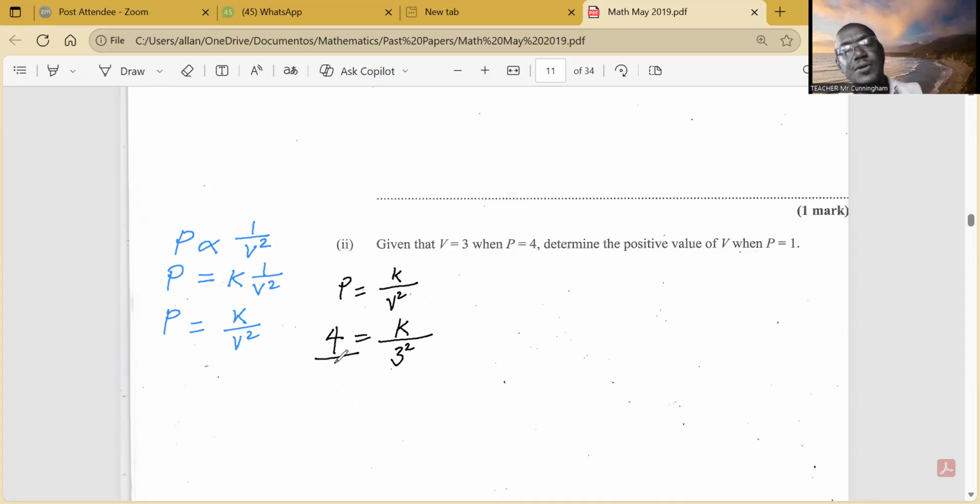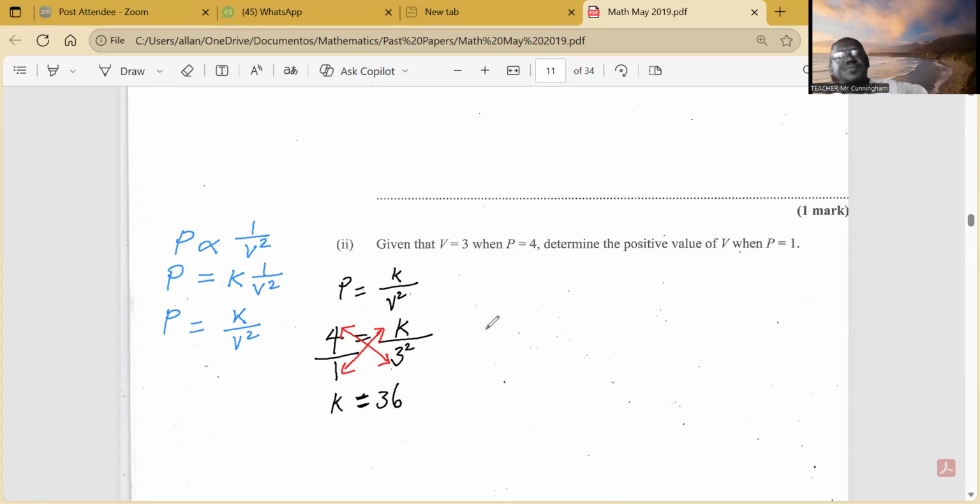So I put the 4 over 1 and I cross multiply. It's the easiest way to work a fraction. Remember, 3 squared is 9. So 1 by K is K, and 4 by 3 squared, or 9, is 36.